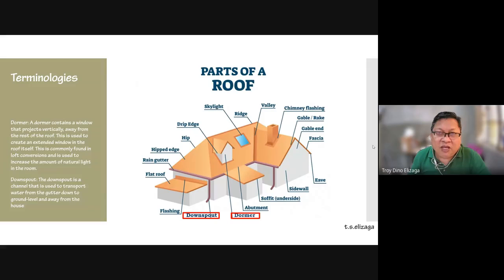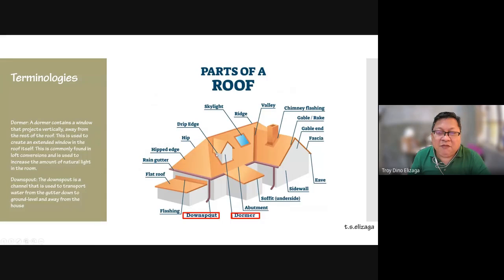If you have a window on the roof, most of the time it comes in the form of a dormer. If you have a loft, you put a window or a door, and it looks like this. It's like a small house on top of the window. This is very common, and that's what it's called.